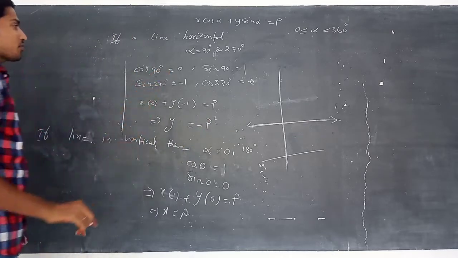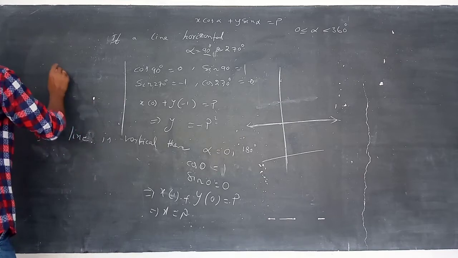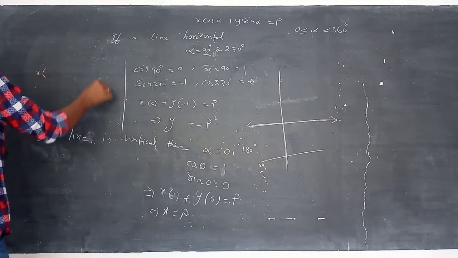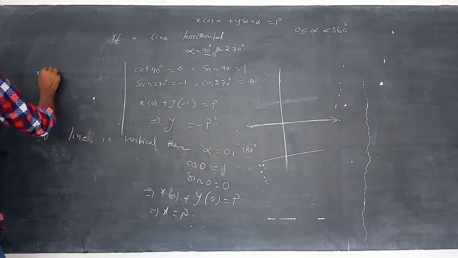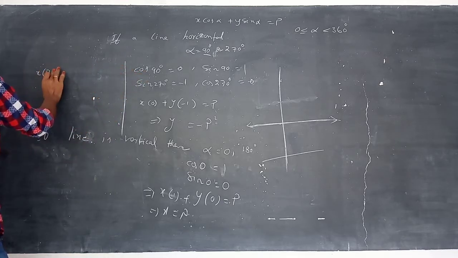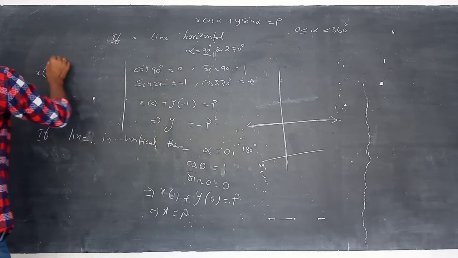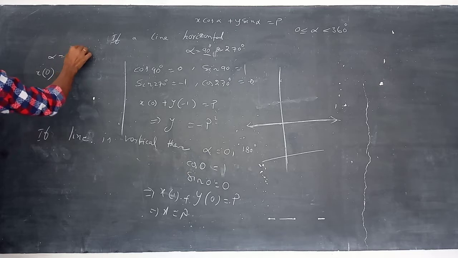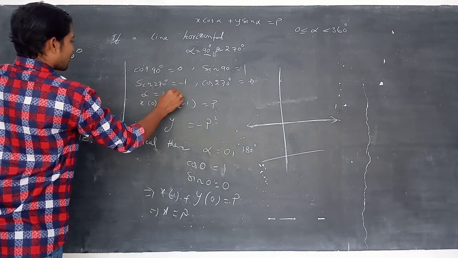Let us substitute alpha is 90 degrees, then x into cos 90. Cos 90 is 0. Here alpha is equal to 90 degrees, and in the earlier case alpha was equal to 270 degrees.